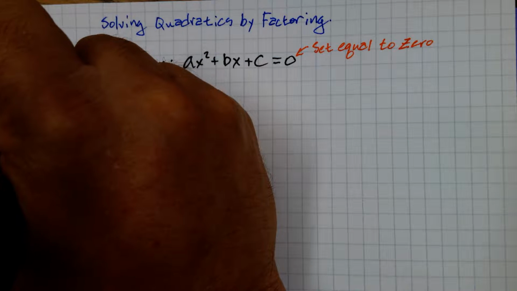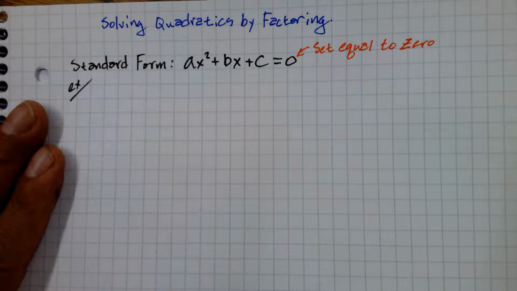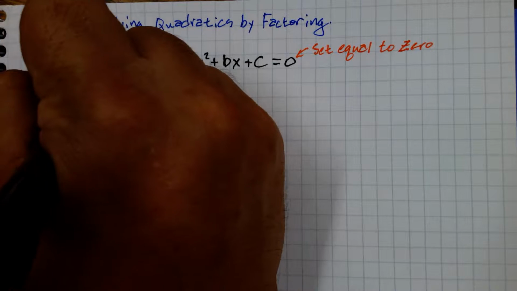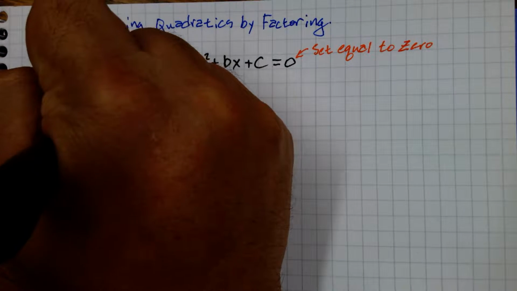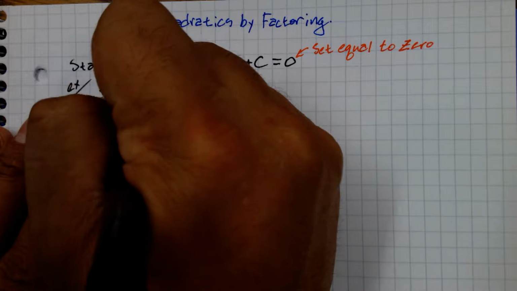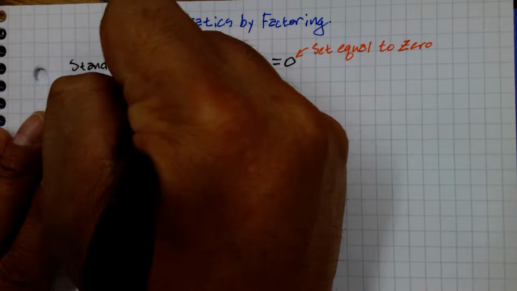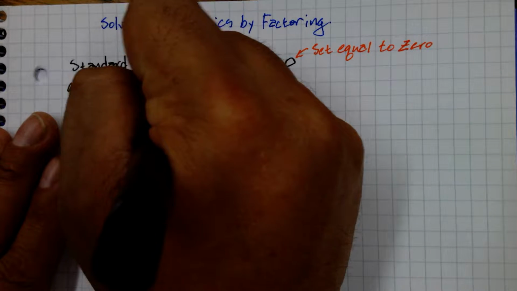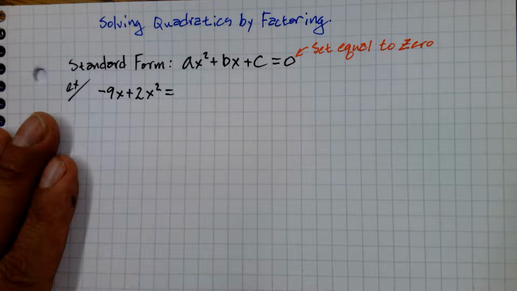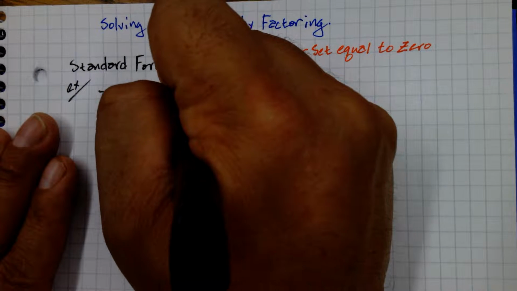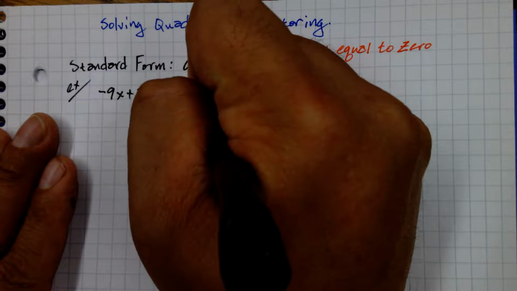So here's an example. So let's say we have the following: negative 9x plus 2x squared equals 18 minus 3x.